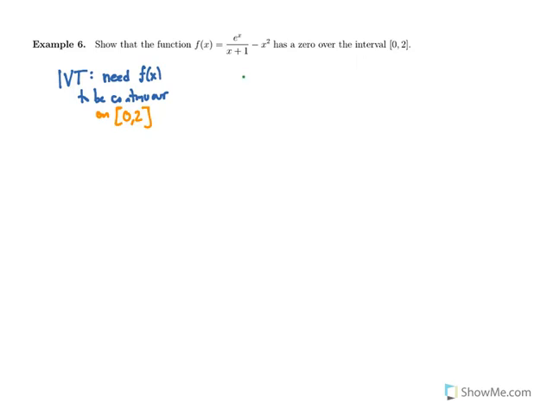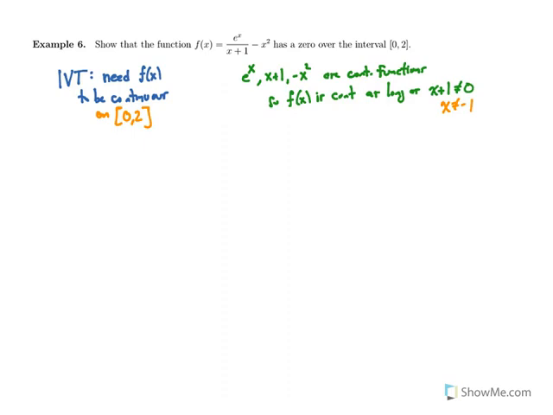So note that e to the x, x plus 1, and negative x squared are continuous functions. So f of x is continuous as long as x plus 1 does not equal 0, but that's only at x is negative 1.